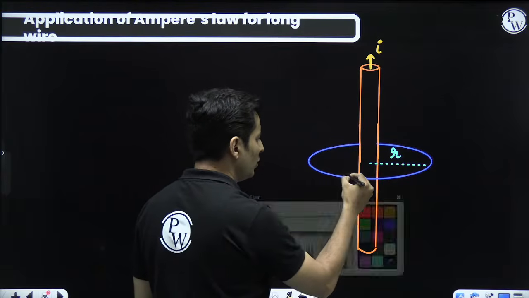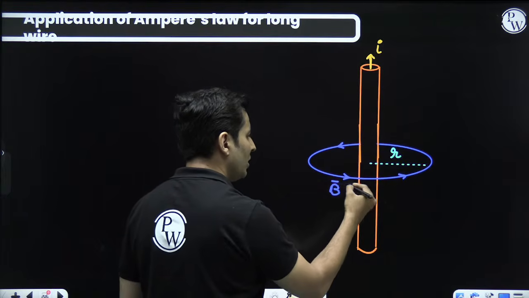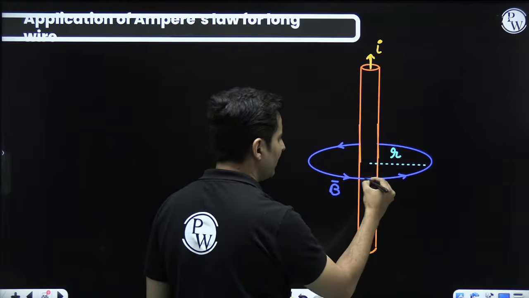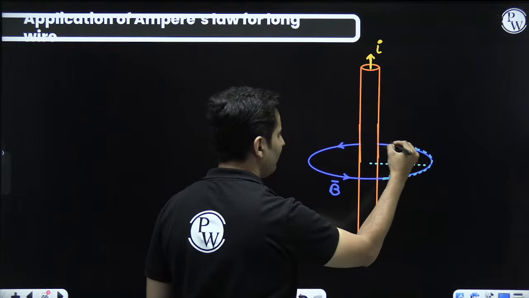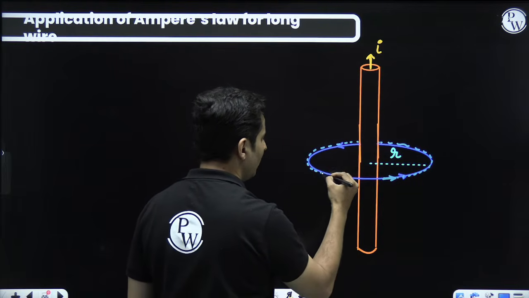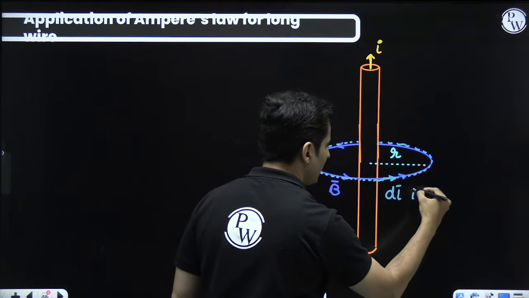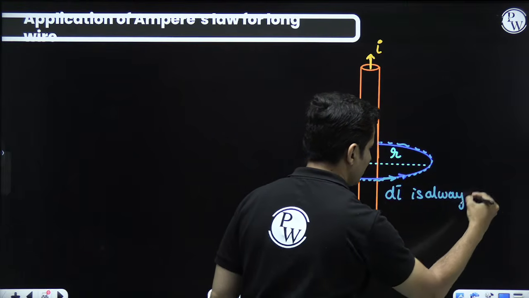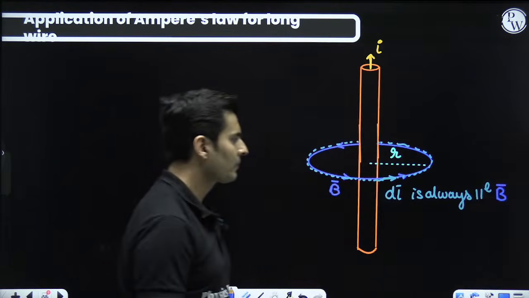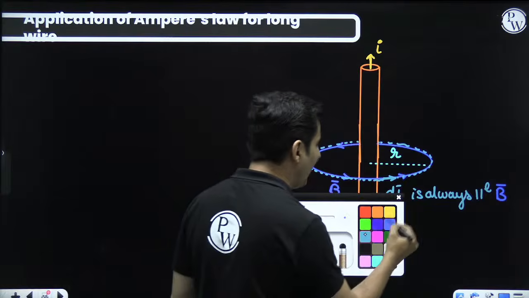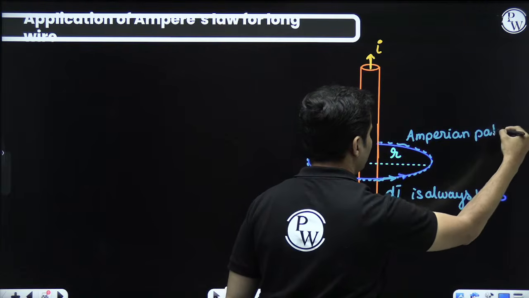Here, because the loop is already present, I feel it's better for me to travel exactly along the magnetic field line. So every single time I am making myself travel parallel to the magnetic field. My dl vector is always parallel to the magnetic field. So I've chosen the Amperian path in that way.